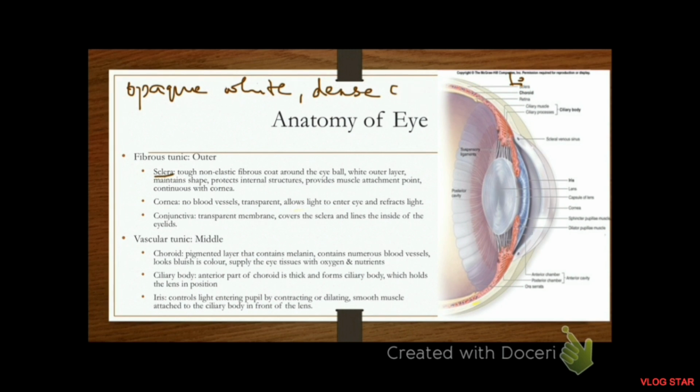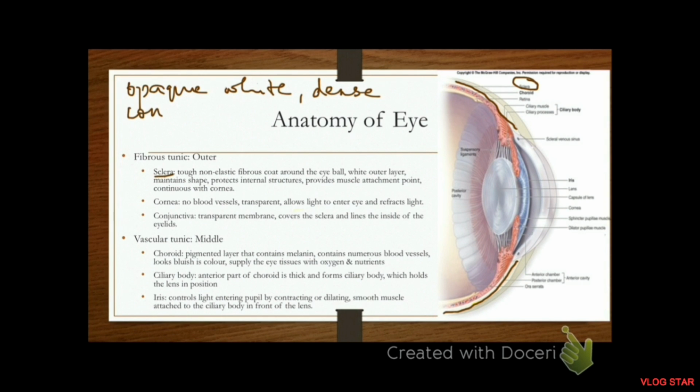Let me just rub this over here. Can you see here? This is the sclera and this is the layer that I'm talking about. Okay, the inner layer. This one.